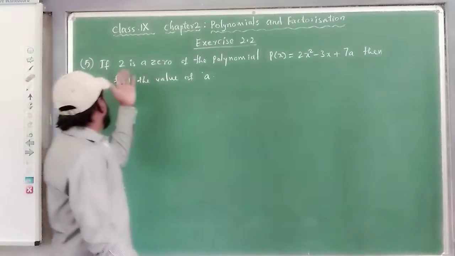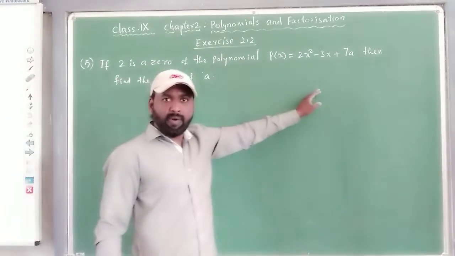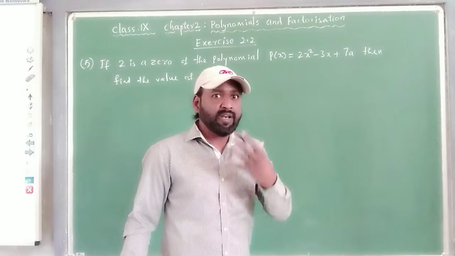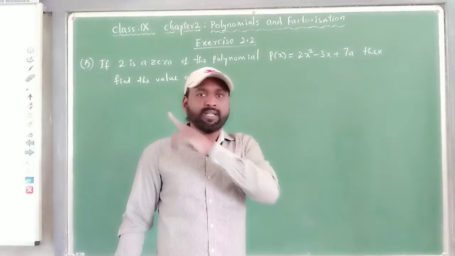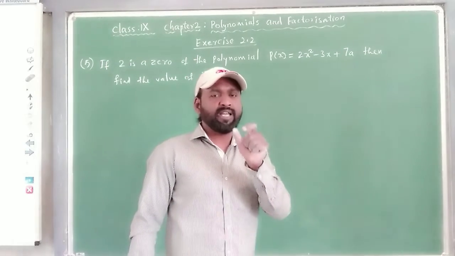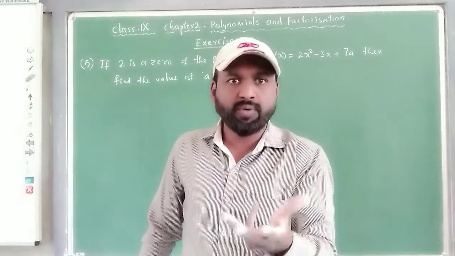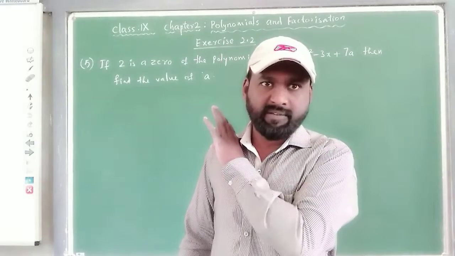If 2 is a 0 of the polynomial p(x), that means the polynomial in which variable? The x variable. The polynomial p(x) has got a 0. What is that? 2. That means in place of the variable x, if you substitute 2, the entire polynomial becomes 0. That is the meaning of that given question.